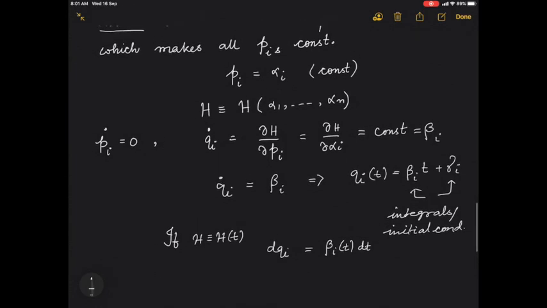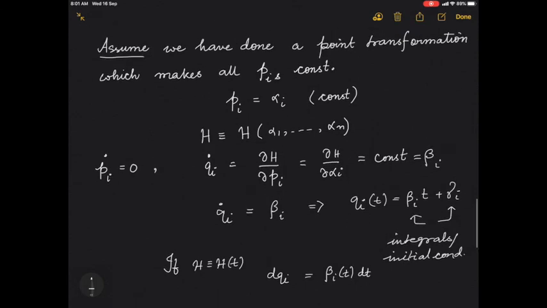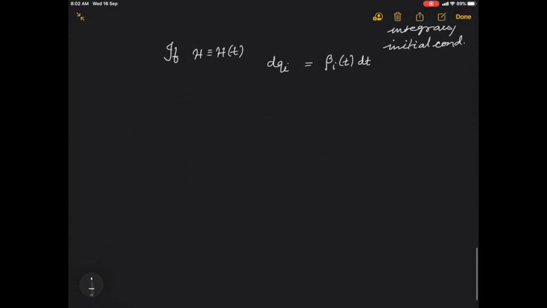And again, you can solve this. You still have to do the integral, but you can do it trivially, a lot easier than if you have to really solve a differential equation. So if that fantasy can be achieved, then it will be amazing. We can just do coordinate transformations and solve the canonical equations so easily.